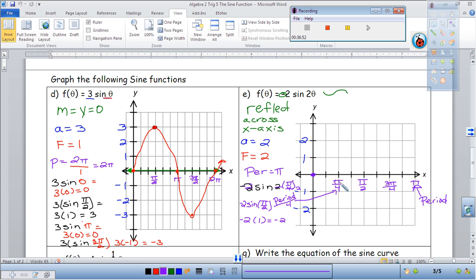So at pi over 4, I'm going to go to -2. Anyone know what to do next? At pi over 2, what should it go to? 0. At 3 pi over 4, where should it go? Go to the amplitude of 2. And at pi, where should it go? 0.